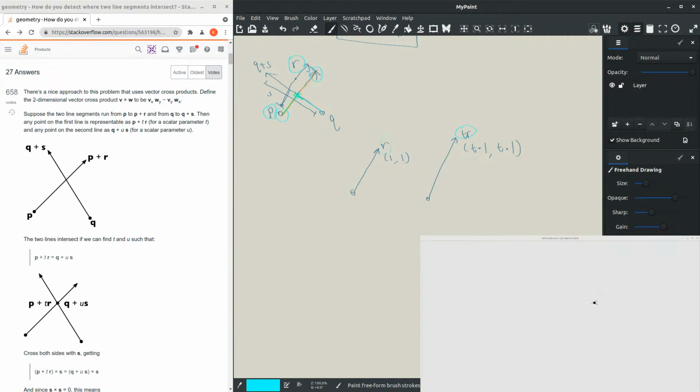We can scale this q so that it intersects with the point of intersection. And that's what this is saying. So when we talk about p plus t r equals q plus u s, these two are our scalars to try to get to this point of intersection. And so those are the variables that we're trying to find.